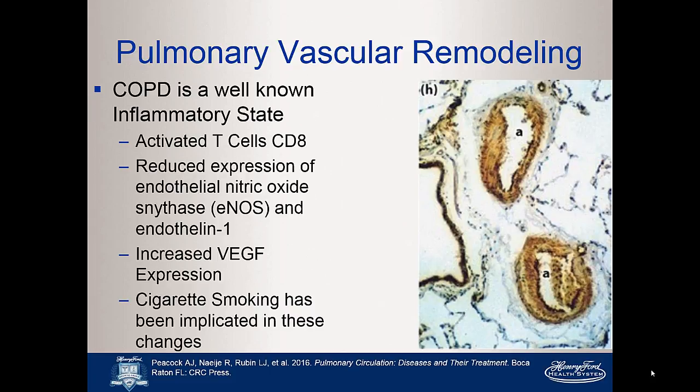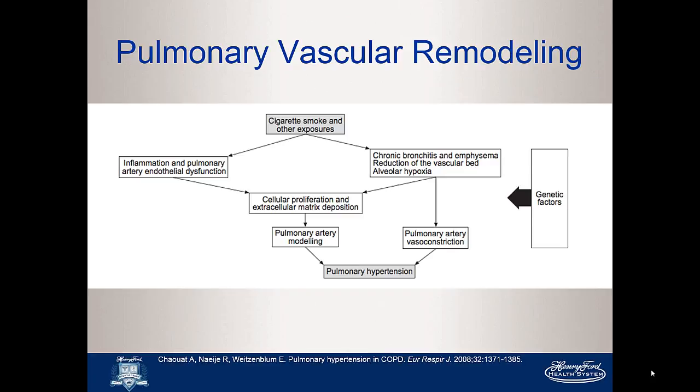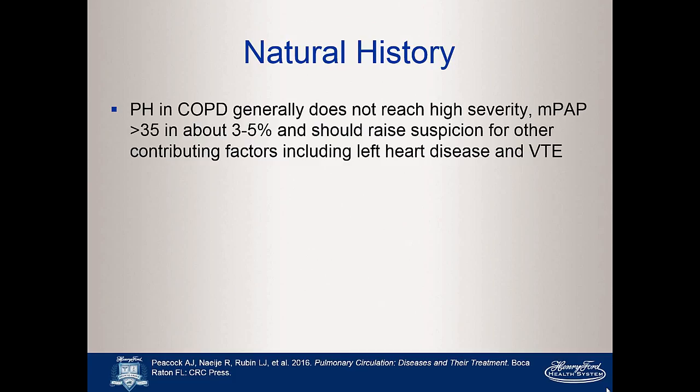Lastly, you see increased expression of vascular endothelial growth factor. All these different inflammatory events seem to be correlated to cigarette smoking. So another way of looking at it is that cigarette smoke exposure does lead to inflammation and COPD, which cause vascular remodeling and ultimately pulmonary hypertension.